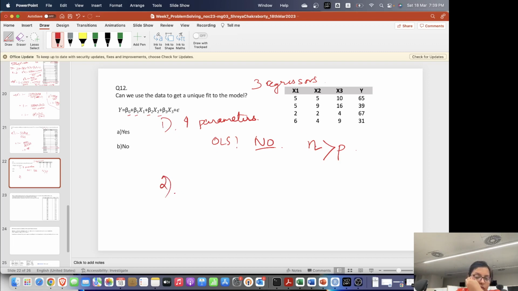So, if we have n greater than p, and we get rid of one of the variables, then we can fit a model. If we can get rid of one of the parameters, then we can fit a model. Now, there was something sir talked about, a concept of multicollinearity.